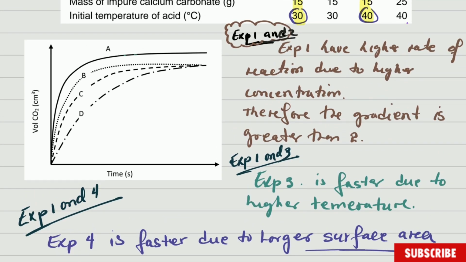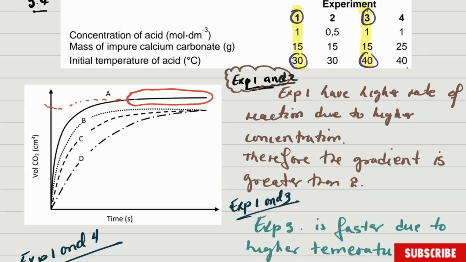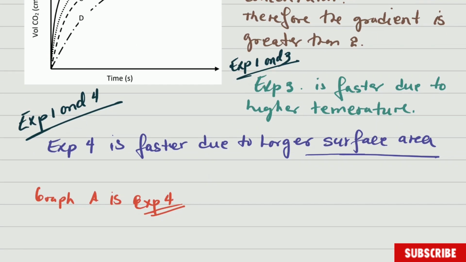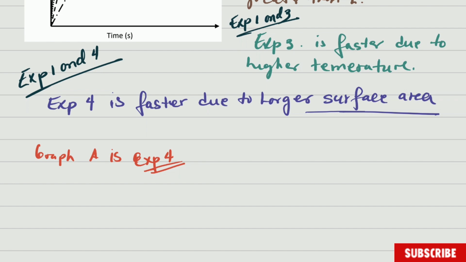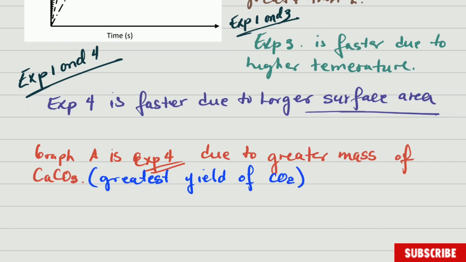We said it before, it is not just because it's faster, but because it ends up with a higher volume of carbon dioxide. At the moment you have more mass in experiment 4, here you can see you will end up with a little bit more volume of carbon dioxide. So we can say that graph A is experiment 4 due to the greatest mass of calcium carbonate, and therefore it has the greatest yield of carbon dioxide.